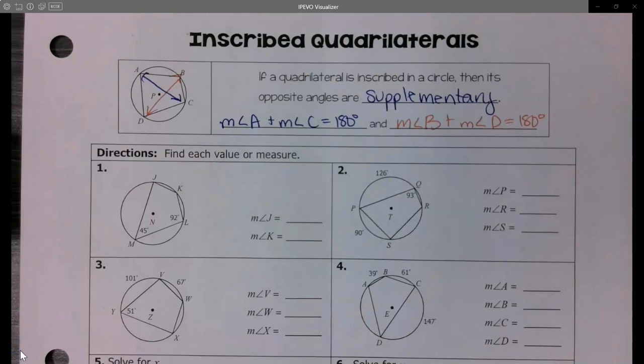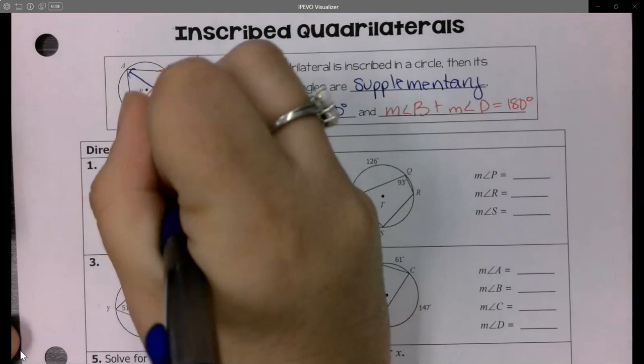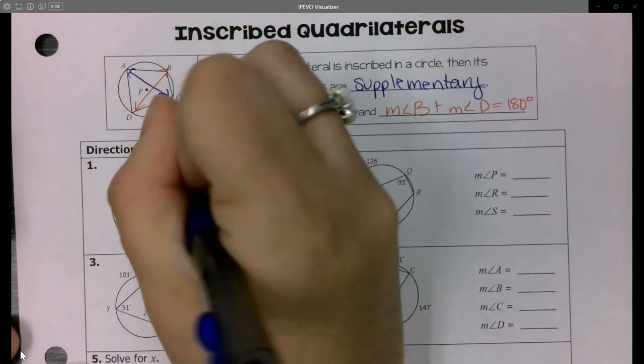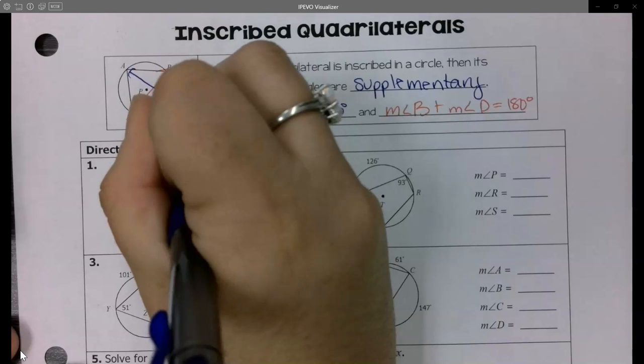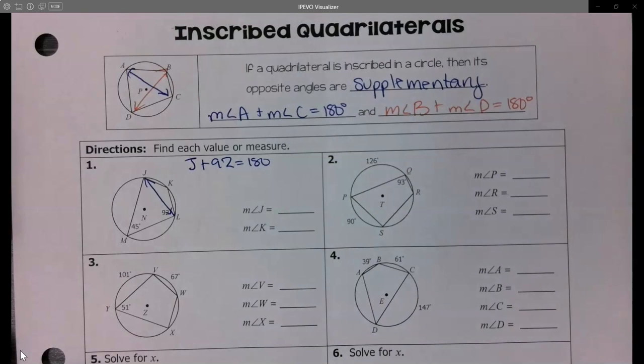Okay, so on number 1, I have that J and L are across from each other. So I know that those two are going to add up to 180. I have J plus 92 equals 180.